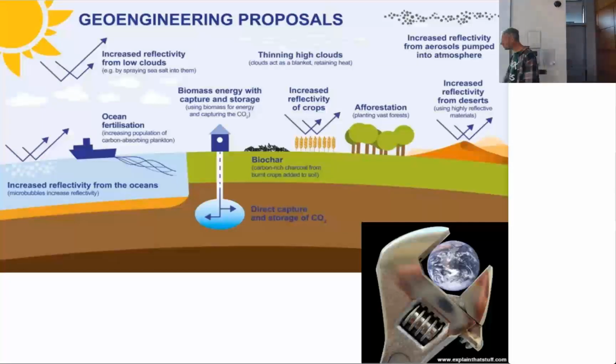And there have been all sorts of suggestions made for geoengineering. I'm going to talk about two. Essentially what you do in geoengineering is you change the climate back. The problem with CO2 and other greenhouse gases is that it changes the climate.